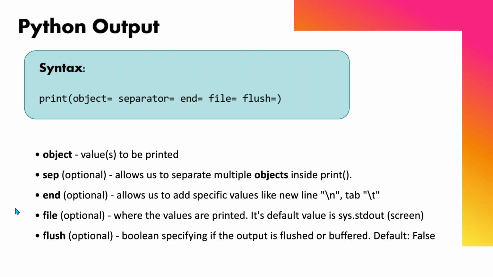Let's see all these things in detail so that you will have a very clear understanding. All these parameters are optional, not mandatory parameters that need to go with print, but if you want to use them, they will obviously be very handy. First we'll see about separator.